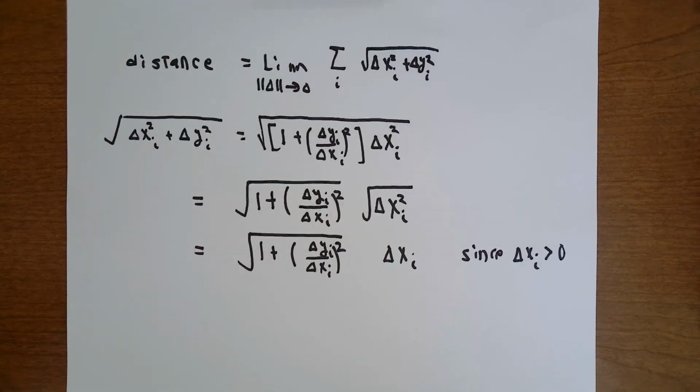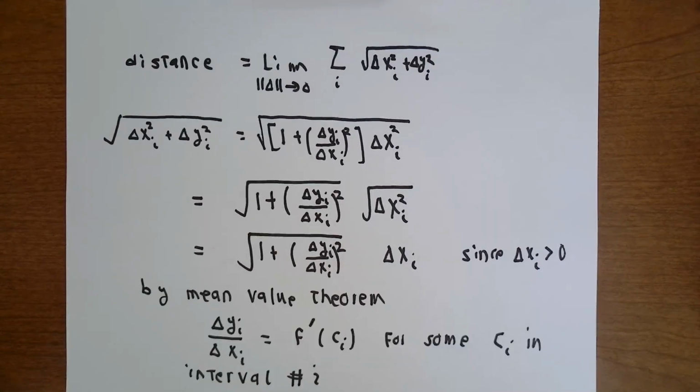Delta x sub i is always positive, so I don't have to write the absolute value of delta x sub i there. I can just drop the absolute value symbols. I can further simplify this situation.